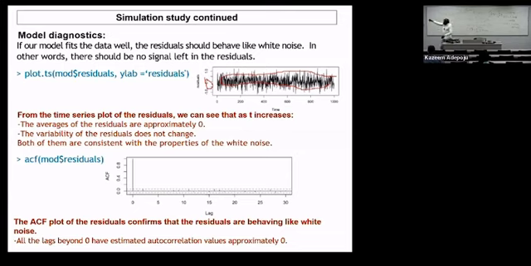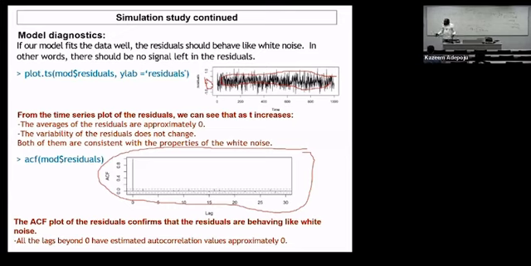Now, if I want to get the one from the residual, mod$residual, ACF of that. Look at the blue dotted line. Apart from autocorrelation at lag zero, I'm referring to this one here. Of course, autocorrelation at lag zero is always going to be 1.